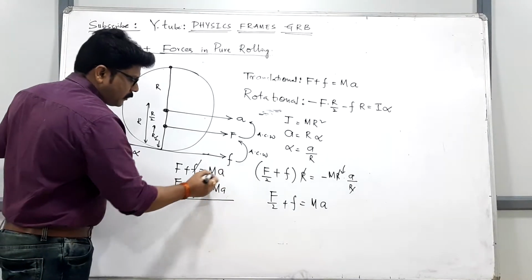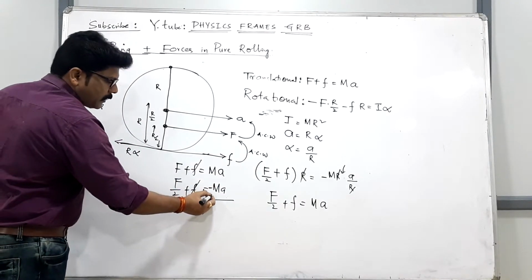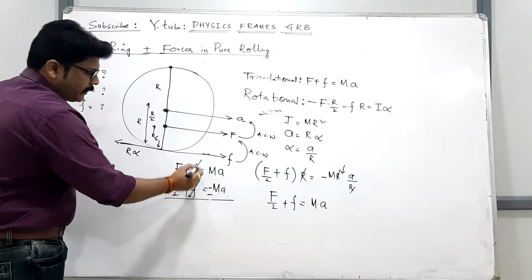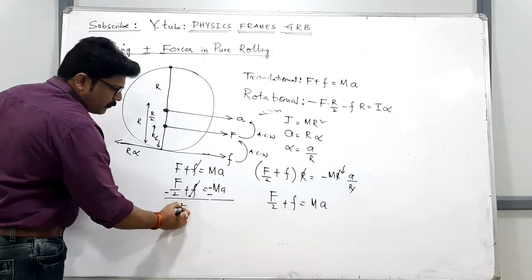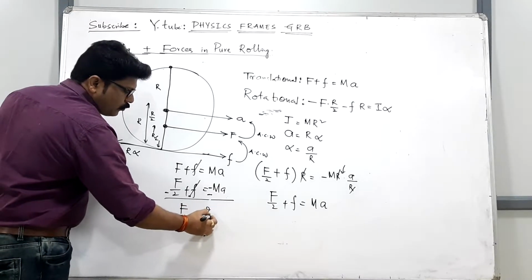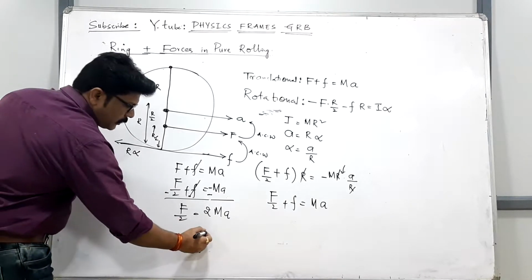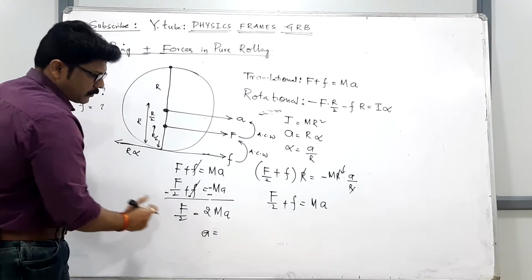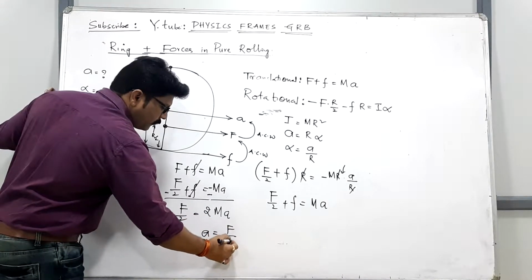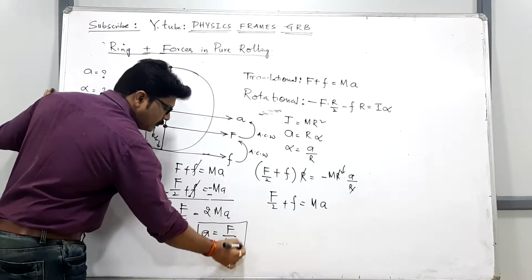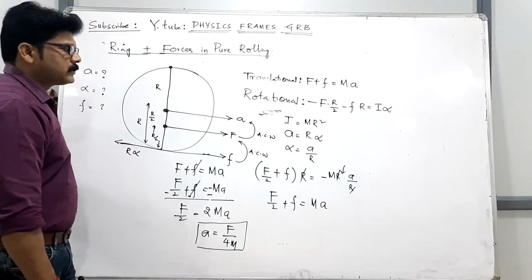Negative of negative plus, this is F minus F by 2, which is F by 2, equals 2MA. So what is the acceleration? A equals, by cross multiplication, F by 4M. This is the tangential acceleration.